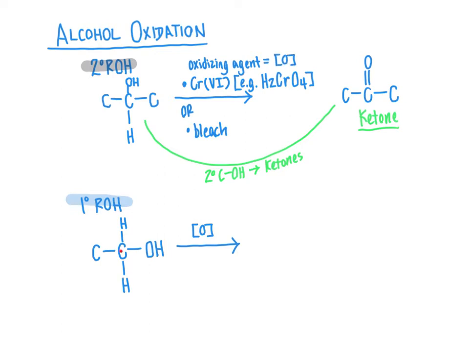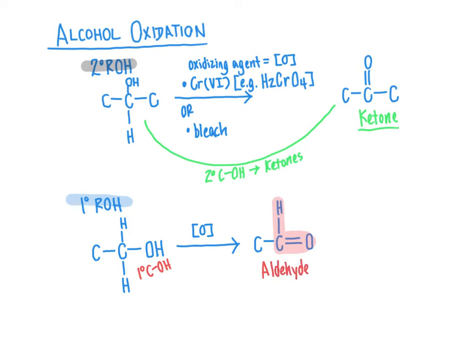If we oxidize the primary alcohol one time, one of the carbon-hydrogen bonds is going to be replaced with a carbon-oxygen double bond, like so, so that you would create, out of this first oxidation, an aldehyde group, because you have a carbonyl directly bonded to a hydrogen atom, giving us an aldehyde.